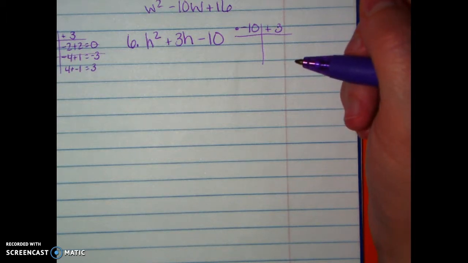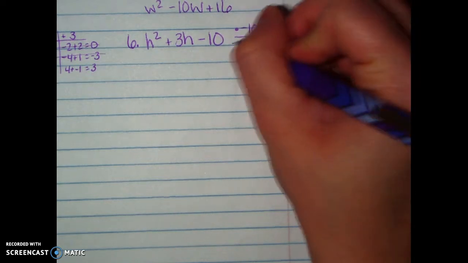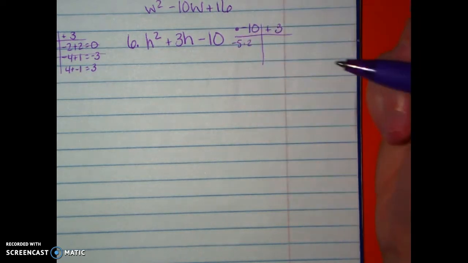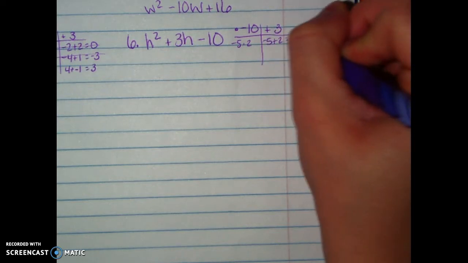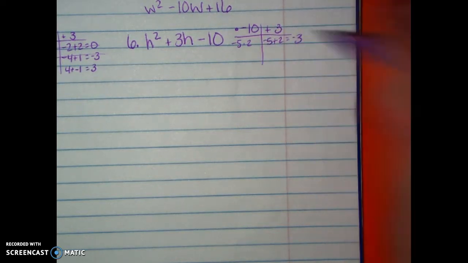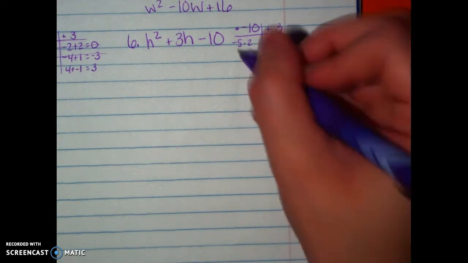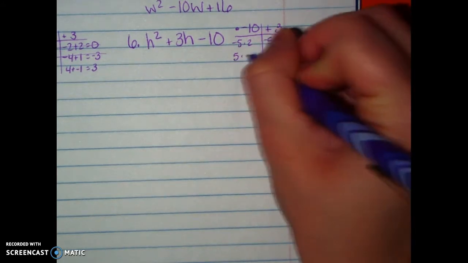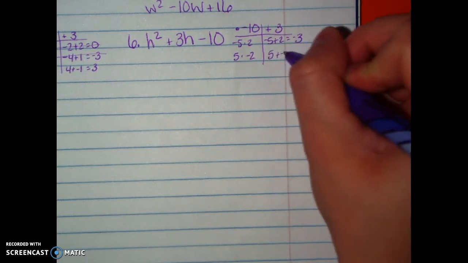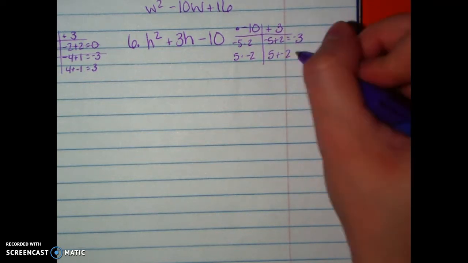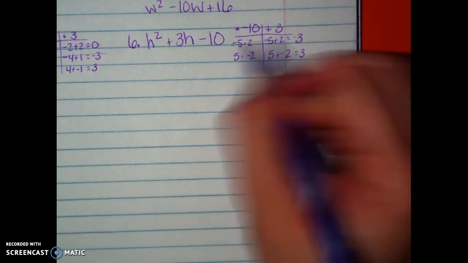I'm going to try negative 5 times 2. Negative 5 plus 2 is negative 3. I'm looking for positive 3, so I'm going to flip the signs. So positive 5 times a negative 2 would get me negative 10. And then 5 plus negative 2 is the same thing as 5 minus 2, which is a positive 3.